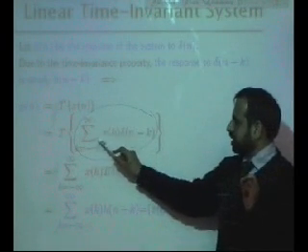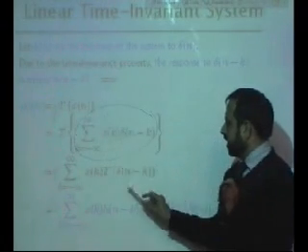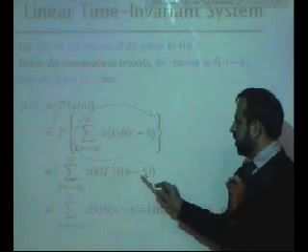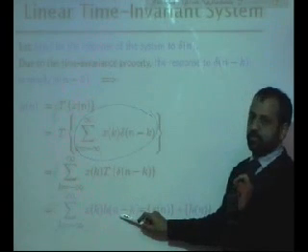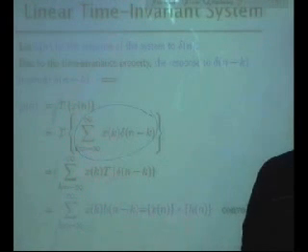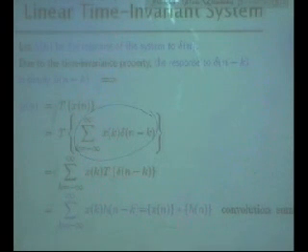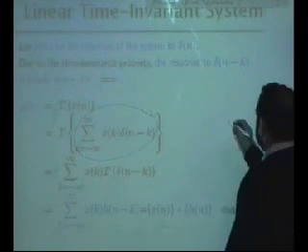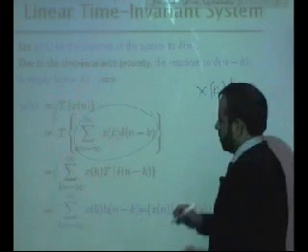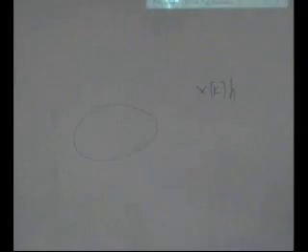So this is addition, this is scaling, so bring this operator directly here. And if it is time invariant, a shifted impulse will bring a shifted impulse response. So this is the most important expression in signal processing. This is called the convolution sum or convolution expression. It is the single most important expression which you keep hitting.